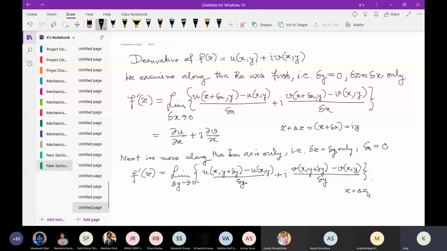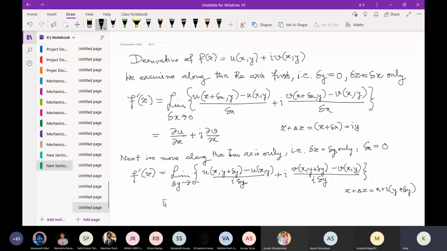Here it will be x plus i(y plus delta y), which means I should be having an i out here when I am setting delta x equal to 0.